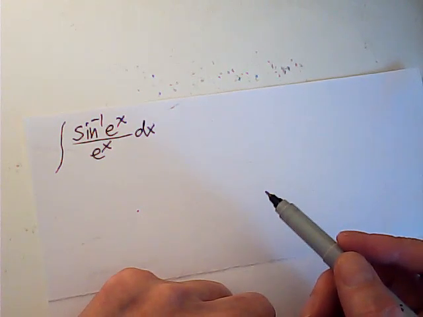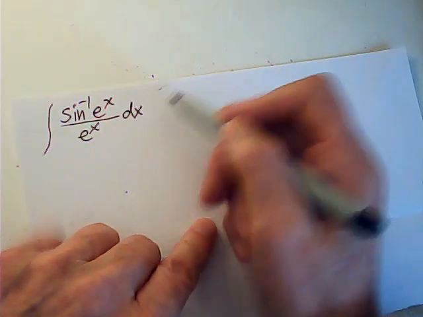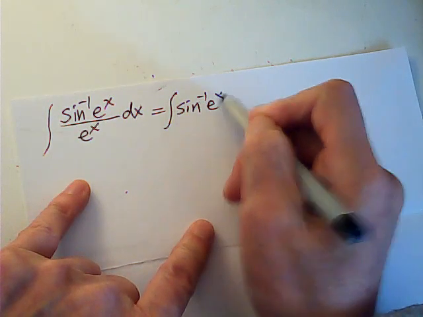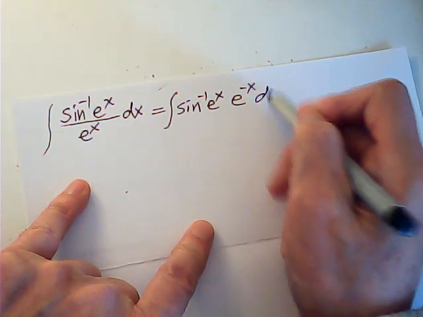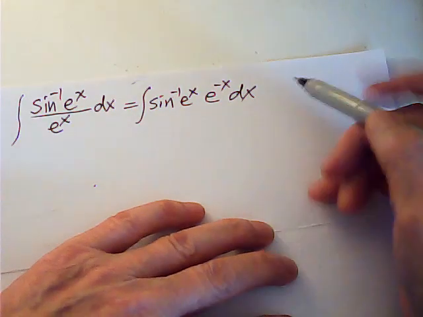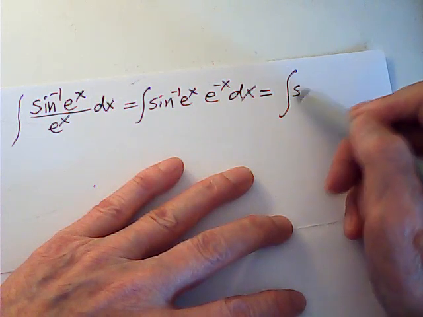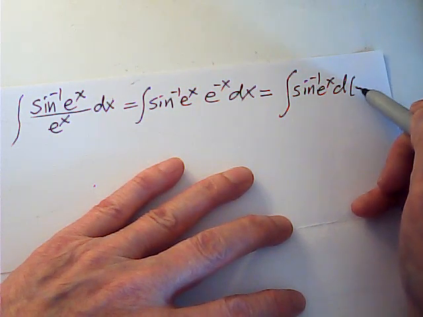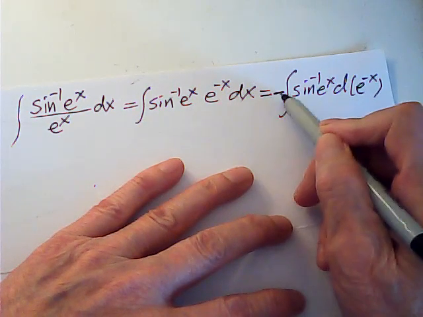Now first I will rewrite this as sine inverse e to the x and e to negative x dx, right? And this one is equal to sine inverse e to the x and d e to the negative x, and I leave negative outside, right?